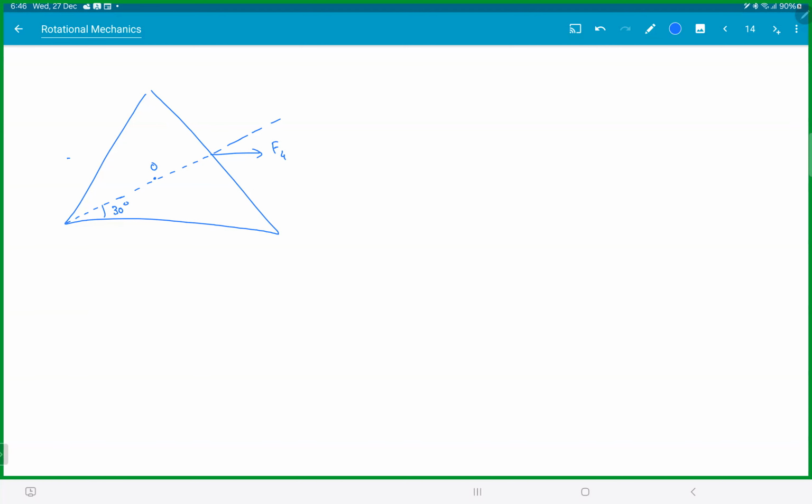Angle bisector, isn't it? So this is also 30 here. So I think I can use the other method, divide force into components. F4 cos 30 and F4 sin 30, and this is the perpendicular distance here. How much is that? A by 2 root 3. So torque due to F4 will be A by 2 root 3 F4 sin 30 minus K cap.